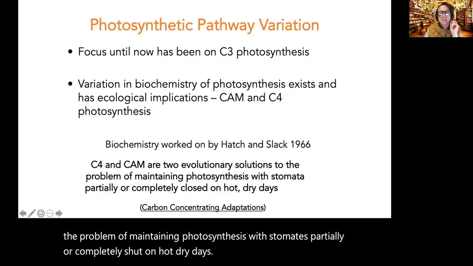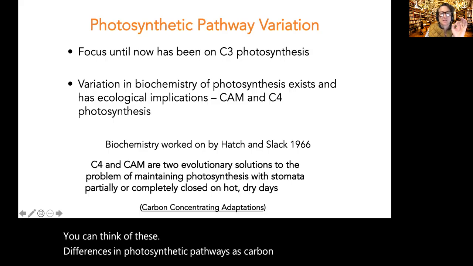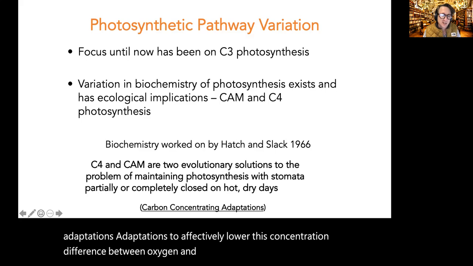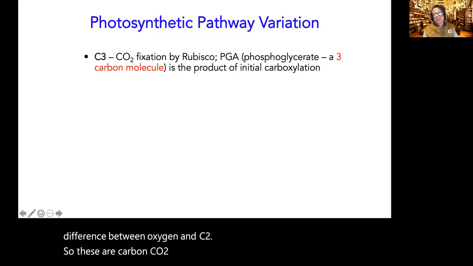You can think of these differences in photosynthetic pathways as carbon concentrating adaptations. Adaptations to effectively lower this concentration difference between oxygen and CO2. So these are CO2 concentrating adaptations.